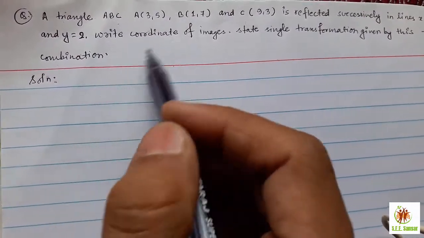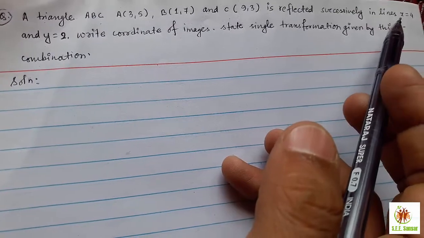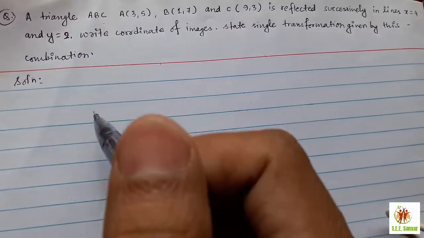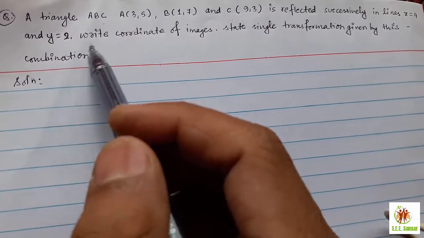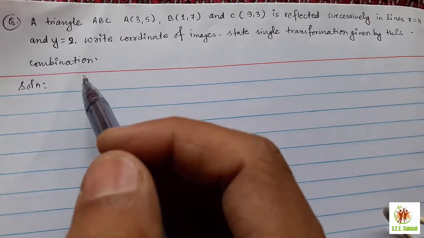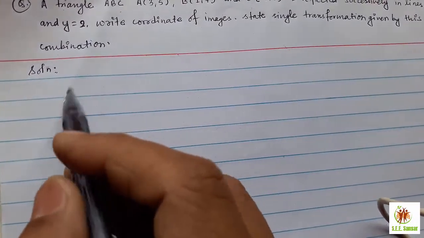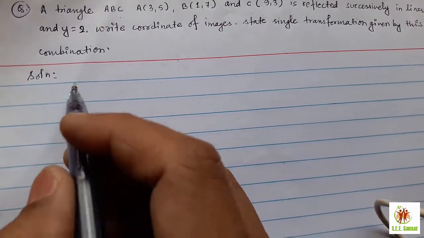Successively means first you reflect all the coordinates in the line x equals 4, and the corresponding images should then be reflected in the line y equals 2, the images that we obtained from the first reflection.